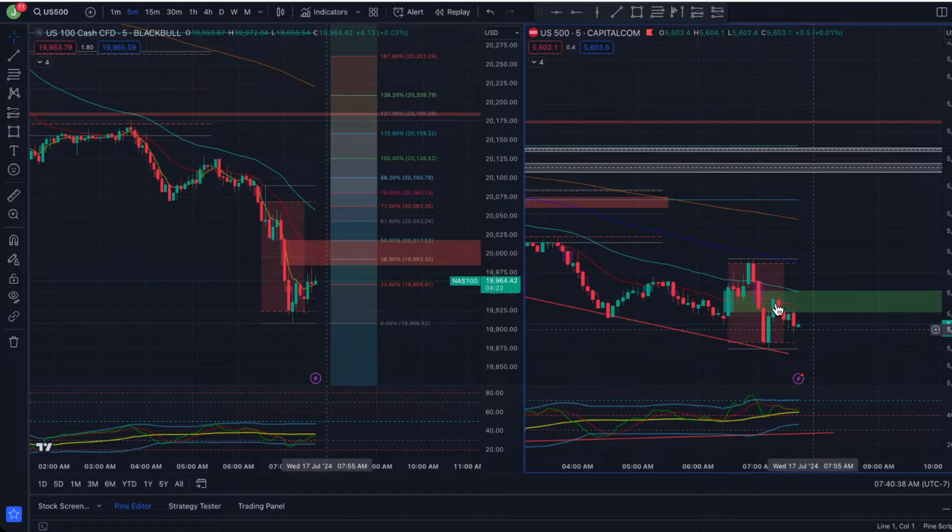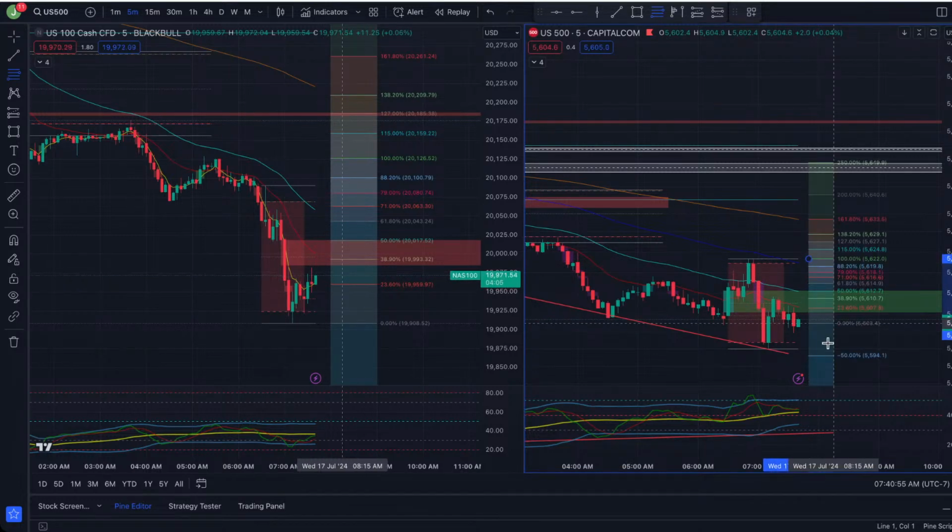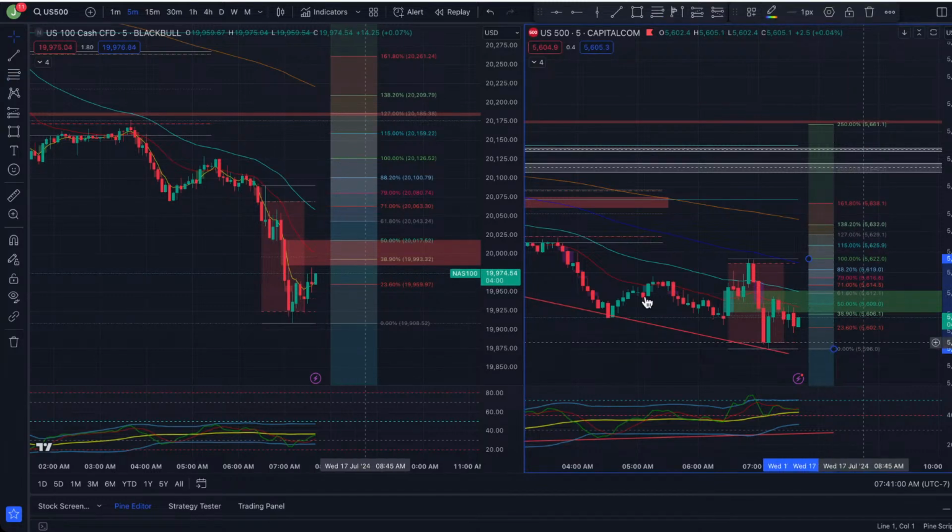US 500 rejecting off the 20 EMA and the opening fair value gap. Much, much smaller range, obviously.